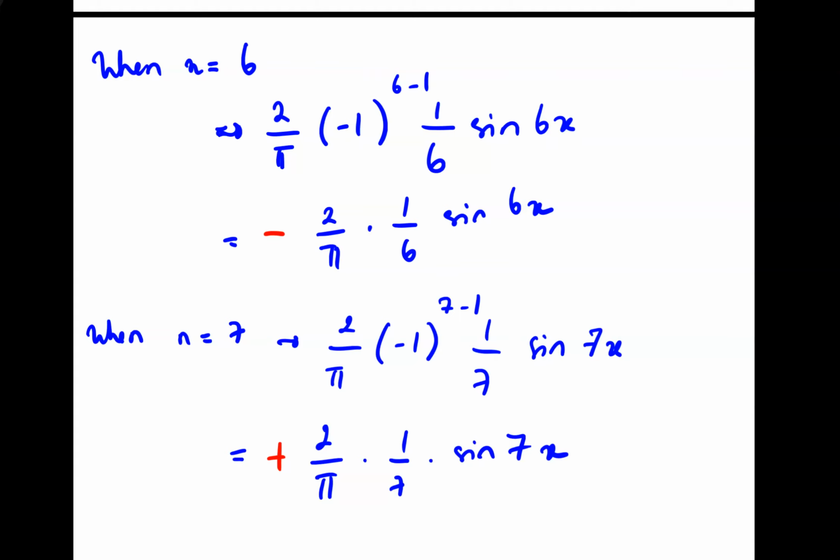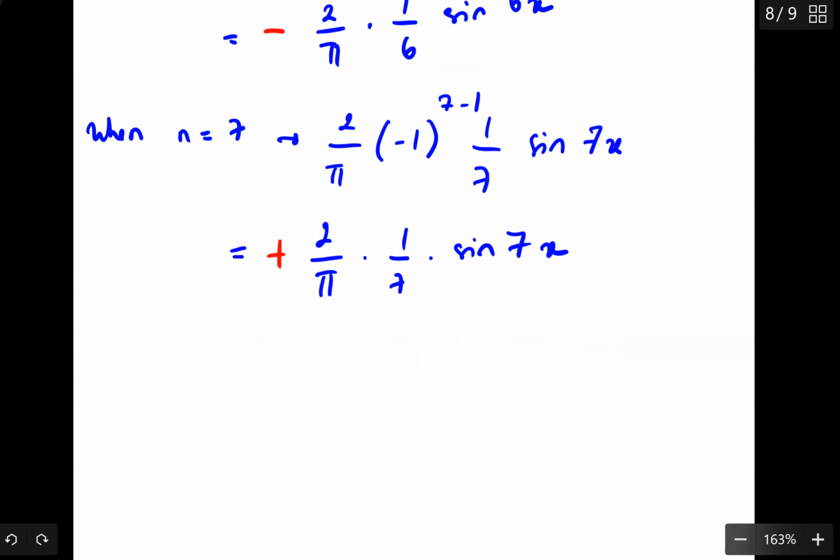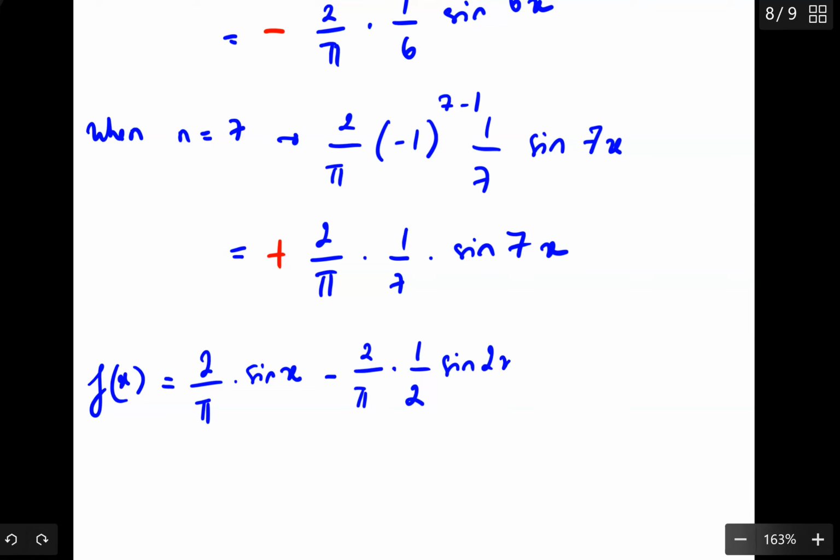We are going to add all of that up, because writing the Fourier series with 7 terms, I should have f(x) equal to 2 over pi times sine of x, and then I subtract that with 2 over pi times 1 over 2 sine of 2x.